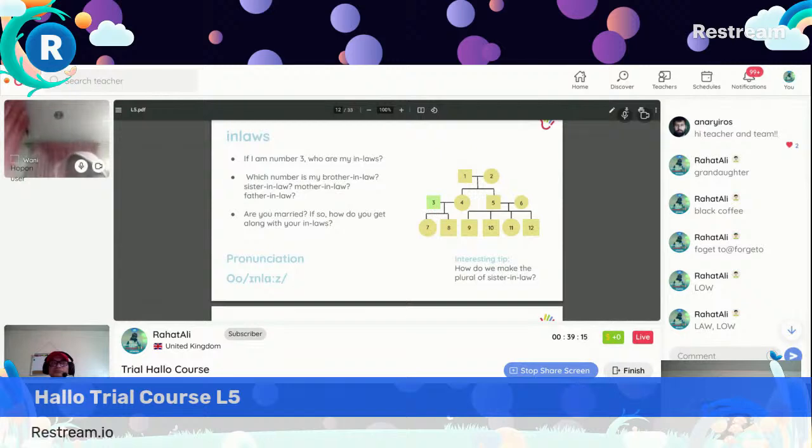Family. Law and low, is it? Very good. Yes, law and low. And he was saying laws, laws. I said, can you spell it? Then I understood it is low. So pronunciation is important, especially when it is minimal pairs, as we call it, when words have a similar sound.